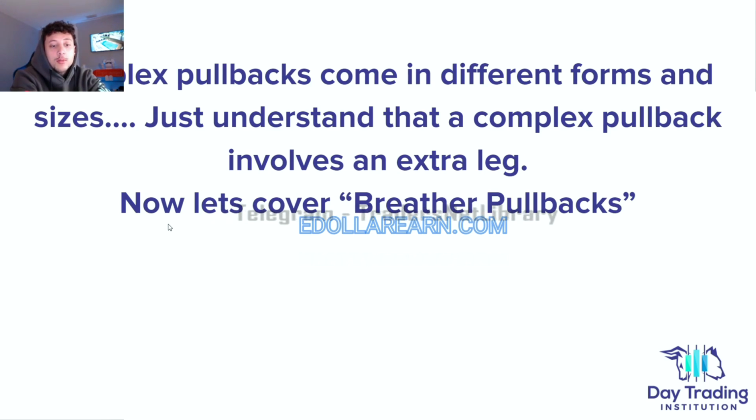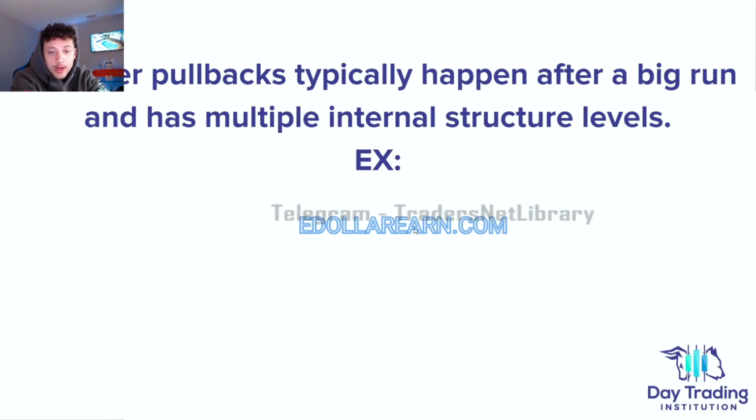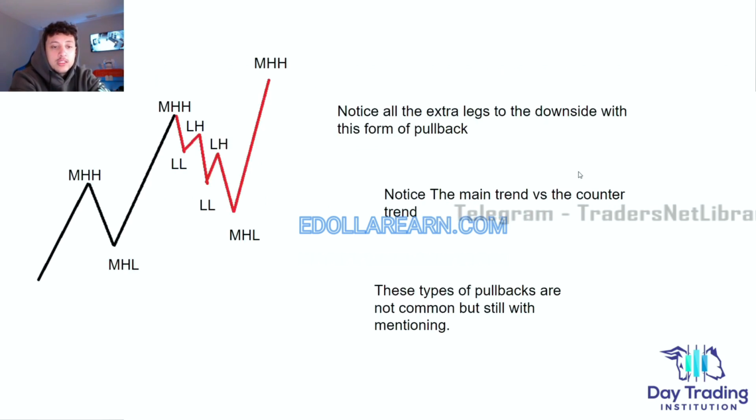Now let's compare the complex pullback to a breather pullback. A breather pullback typically happens after a very big bullish or bearish run and has multiple levels of internal structure. Example, right? So when we look at market structure, we're going to have our main points of market structure where we know if that level breaks, it is going to be an invalid trend and the trend may reverse.